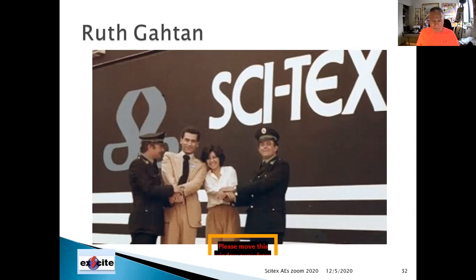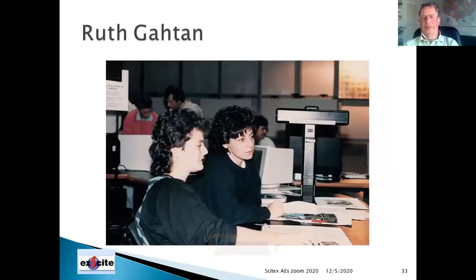Ruti and I were both demonstrating there, and I remember somebody brought us two guards that were on the booth, and we were joking around. Okay, let's go on. So this is Ruti and Gabi Rosnitz also. She was killed in a car accident.